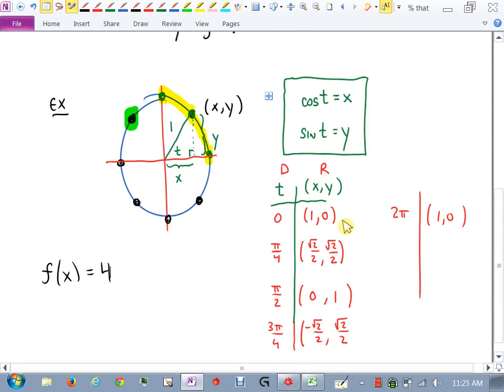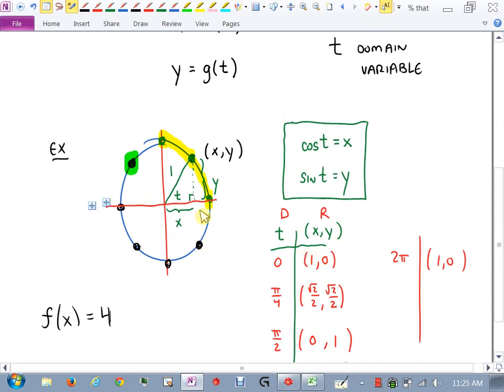Now, the drawback to this is that even though you can visualize the range, this is the range of the function that we're looking at. You do not see the domain in the picture. The domain is like a clock that's running in the background, right? So that's what we give up in this, is that we don't have the domain up there also. Make sense?